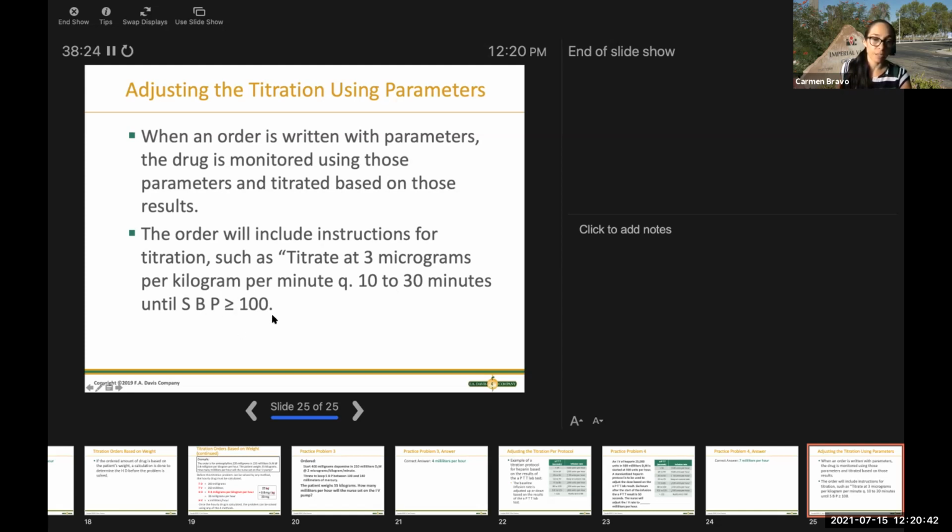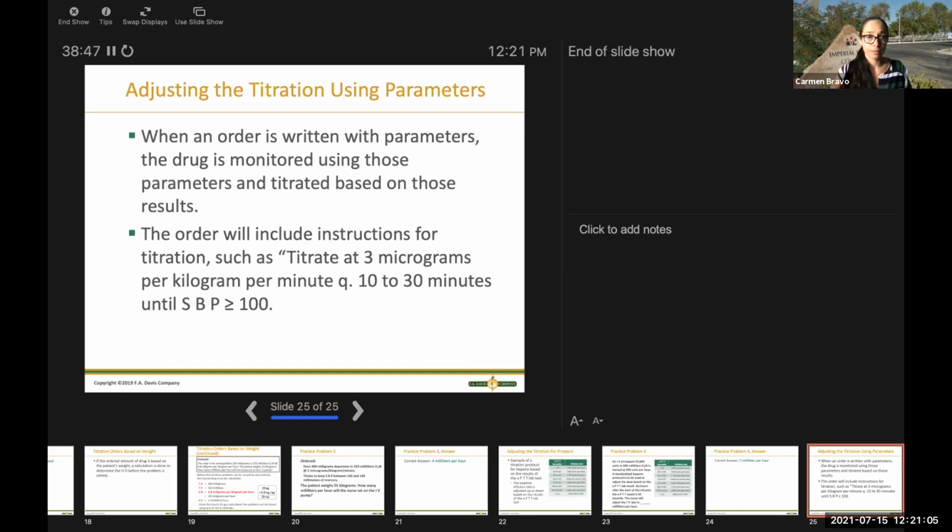So we keep on doing it until we get the blood pressure as desired. In that particular order, you will see it in an ICU patient or an emergency room, really delicate patient. But we get those a lot.